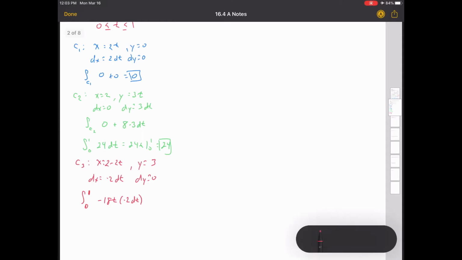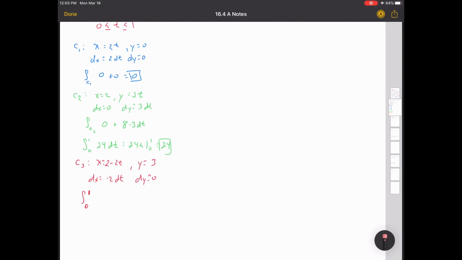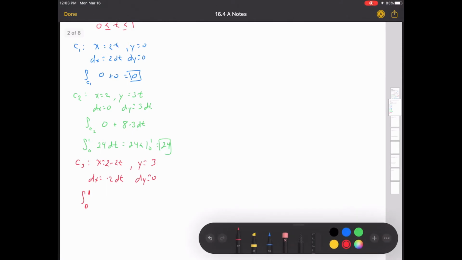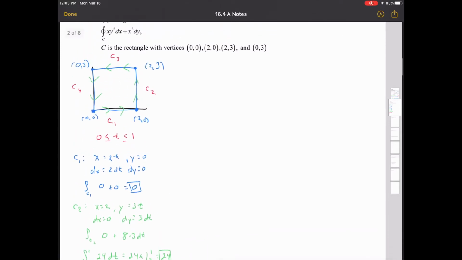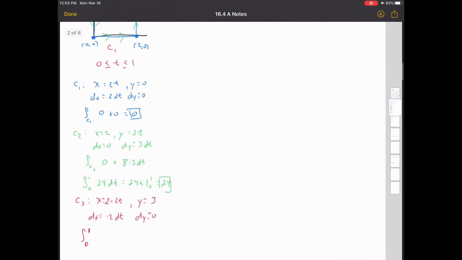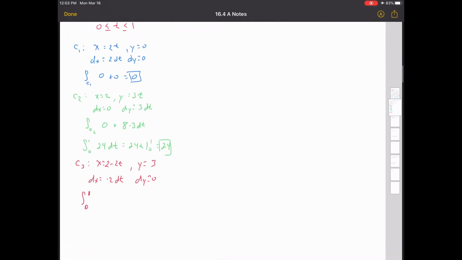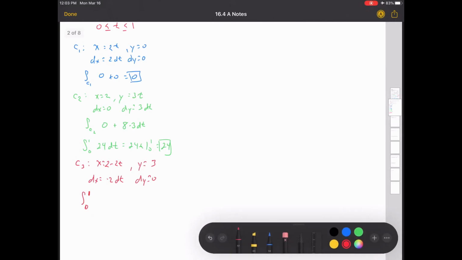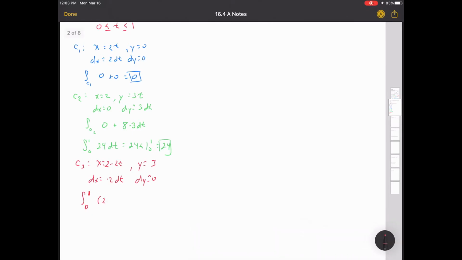So let's go ahead and fix this. It's still going to be an integral from 0 to 1. So let's see. Now we've got, again, it was xy squared dx. So y squared is 9. So we'll have 2 minus 2t times 9 times dx, which is negative 2 dt.